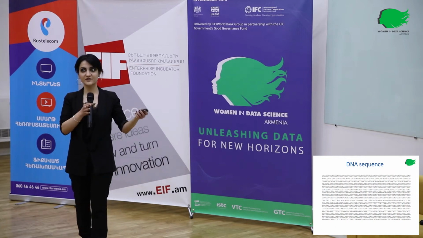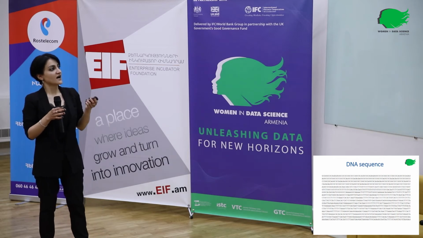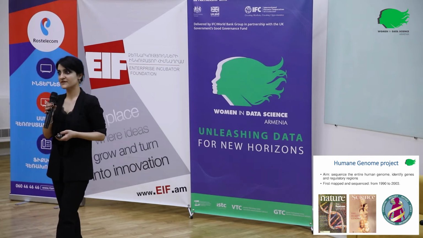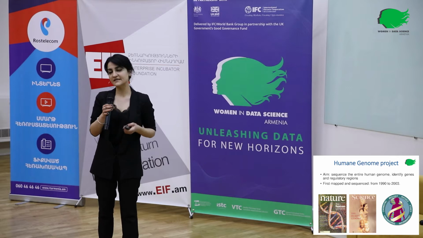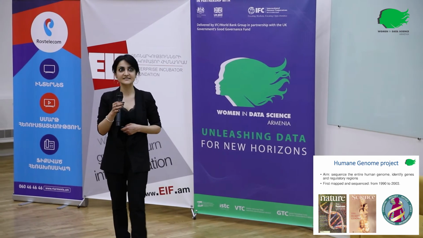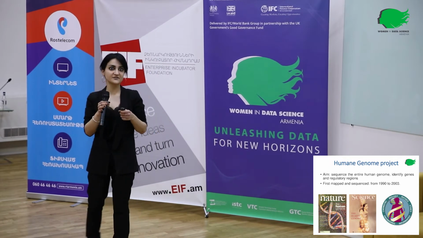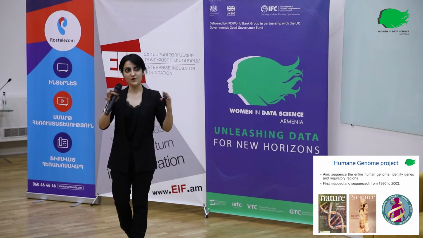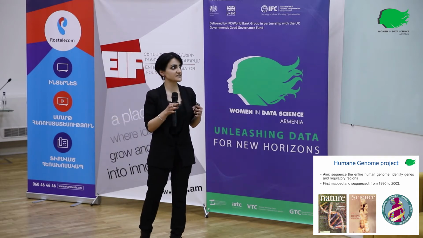So you can compare $3 billion and $500. And now we know that all humans share about 99.9% of genetic information. So we have just tiny differences in our genome, and it's enough to have this broad genetic variation across human populations.